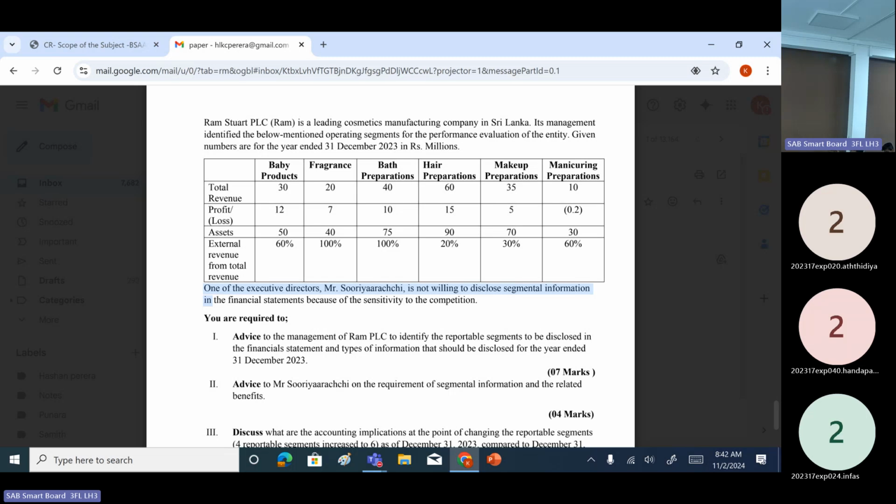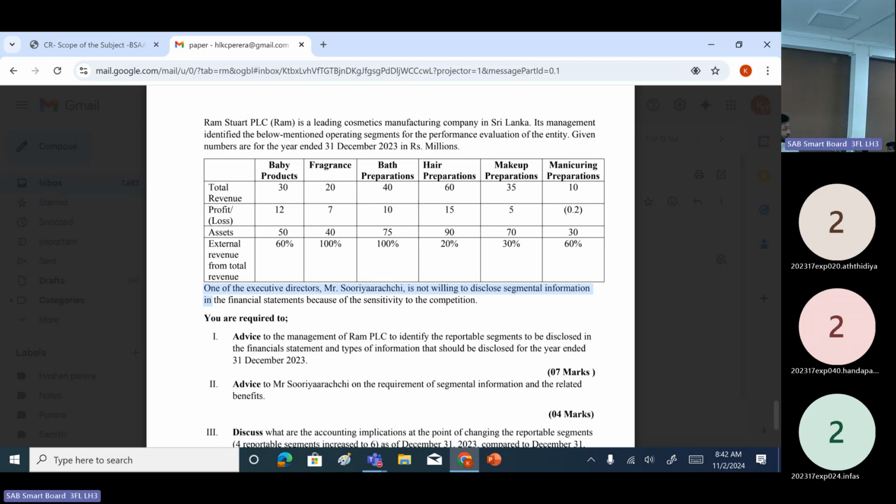We need to identify those loss-making products. That is the core understanding you should have. So then as an accountant, you are having a responsibility to say that to the finance division, here we have a set of operating segments, but we need to report these segments as the reportable segments. That's the art of accounting.